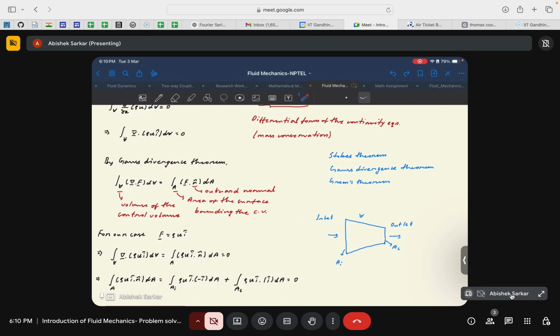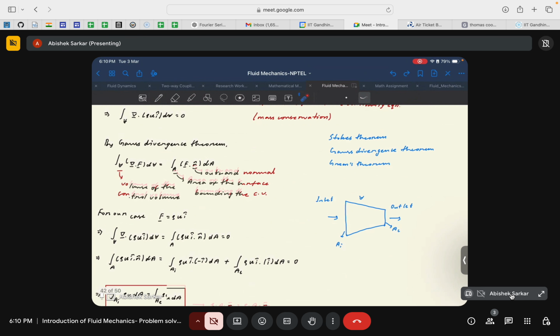Don't get confused with the Green's theorem for solving differential equations, but it is a specialized case of the Stokes theorem where the problem is simplified to a 2D scenario. So you might look into these three theorems for proper revision, and then you will understand the equations and how the manipulations have been made to solve the problems.